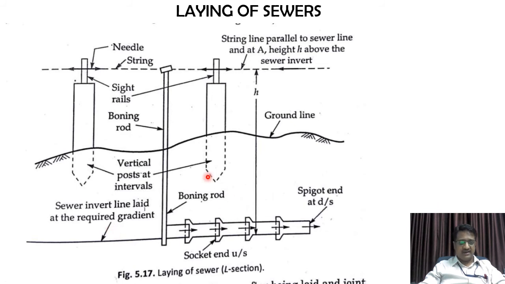Even though right now in this scanned figure it may look like the flow of sewer is in the opposite direction, the flow is in this way, as you can see over here.